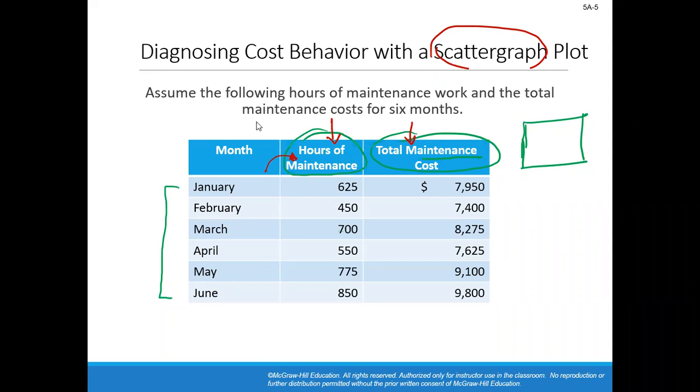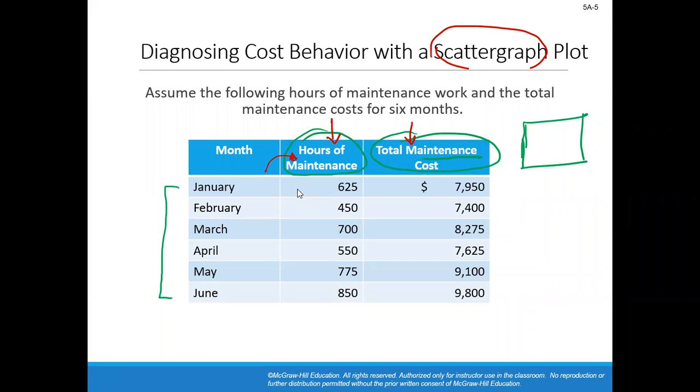Some of you are saying that it is vertical, but I don't think so. So let's plot the independent variable on the horizontal axis.